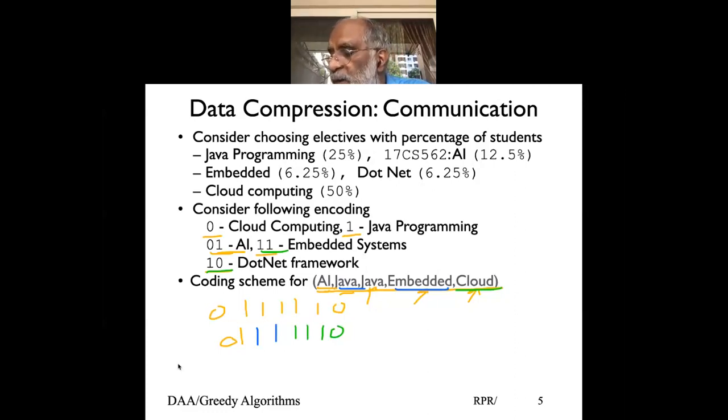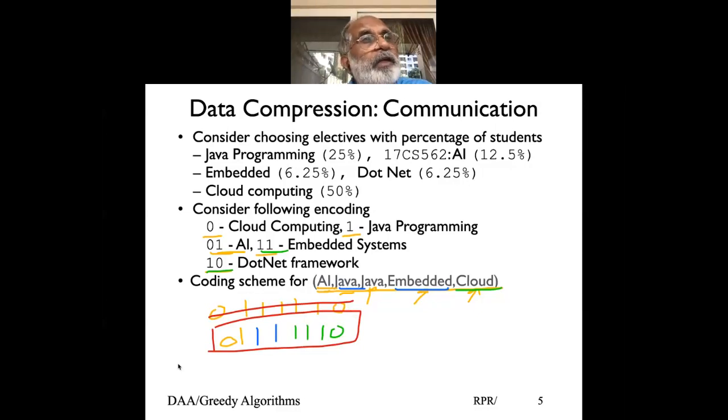Now, if somebody gives me this coding, how do I interpret it? This is the coding I got, and given this coding scheme, somebody needs to figure out whether this can be interpreted as 0 being cloud. So the person at the other end will say, oh, first student used cloud. Second student will say 1, 1. So next 1 is Java, which means the second student is using Java.